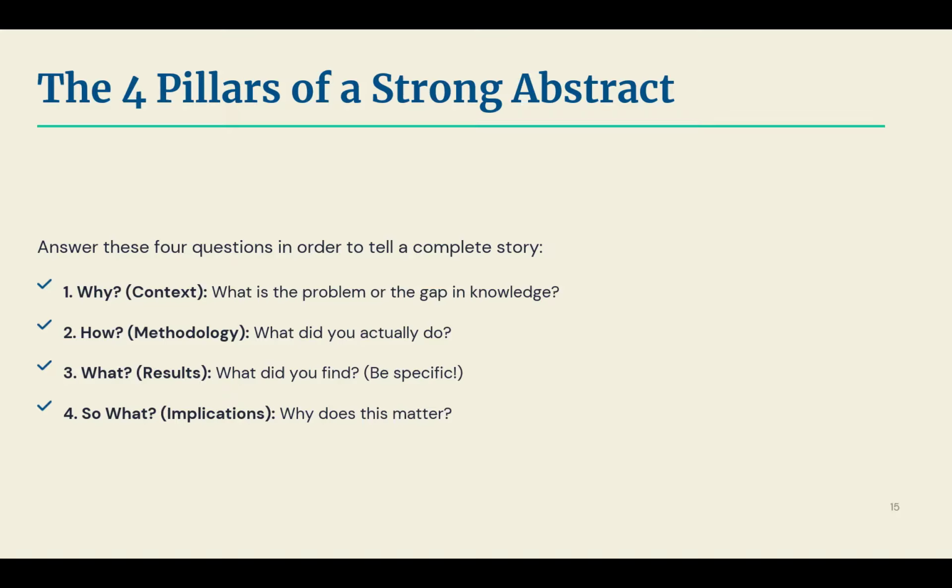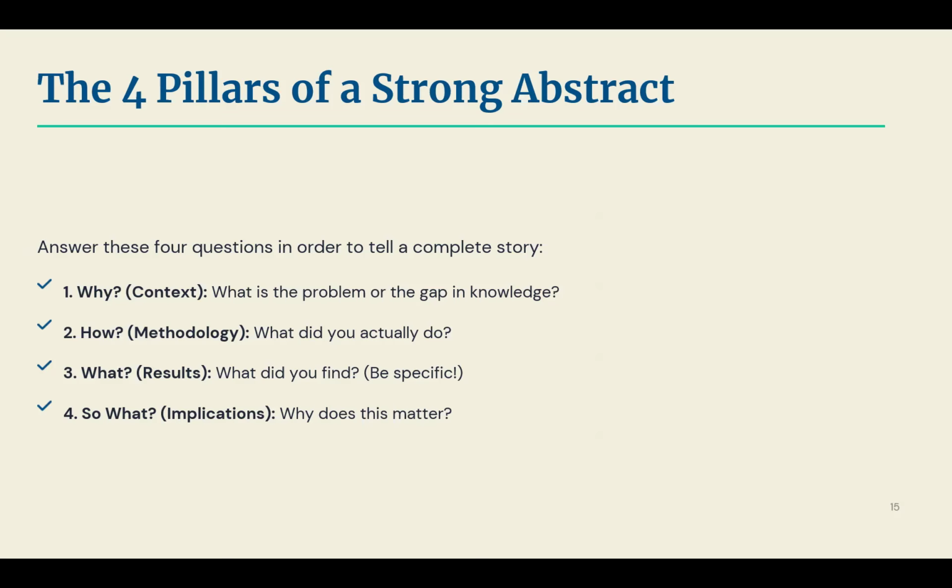Just answer these questions in your abstract, to tell not an incomplete, segmented story, but a complete story. The first question you should answer is why. So you have to highlight the context. What is the problem or the gap? What is the problem or what is the gap in knowledge? Answer why in your abstract.